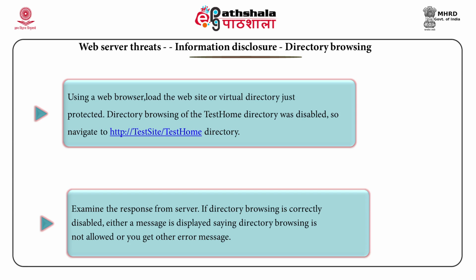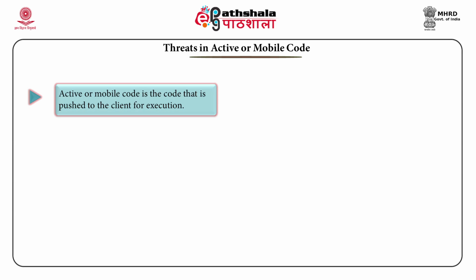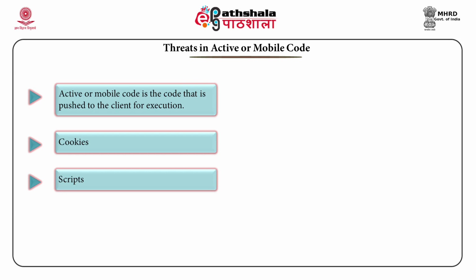Now comes threats in active or mobile code. What is active and mobile code? It is code that is pushed to the client for execution. There are four types: cookies, scripts, auto-exes by type, and bots.